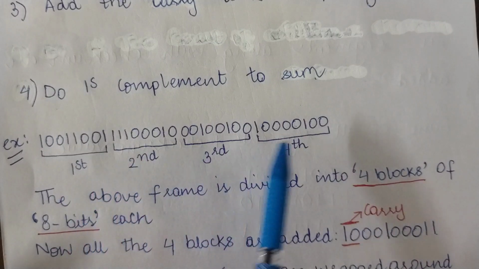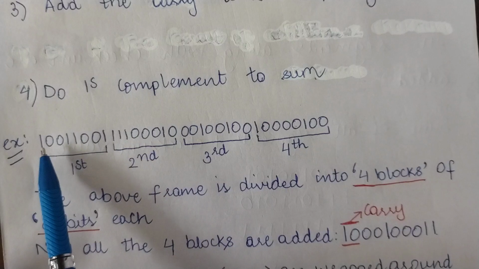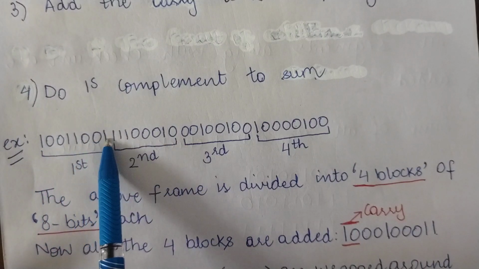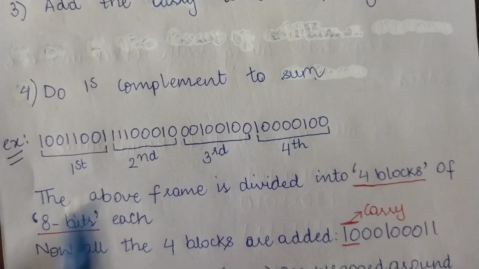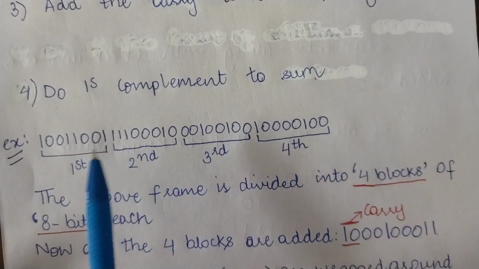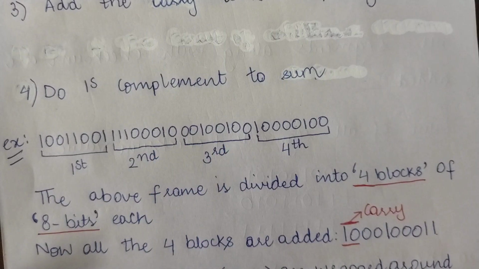You can divide it into 4 blocks of 8 bits each. So each block has 8 bits, and you have 4 such blocks, which means 32 bits in total. This is the first step.